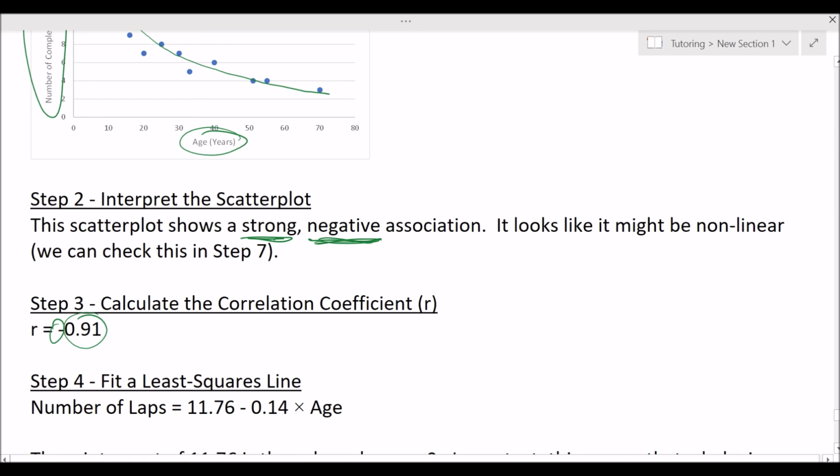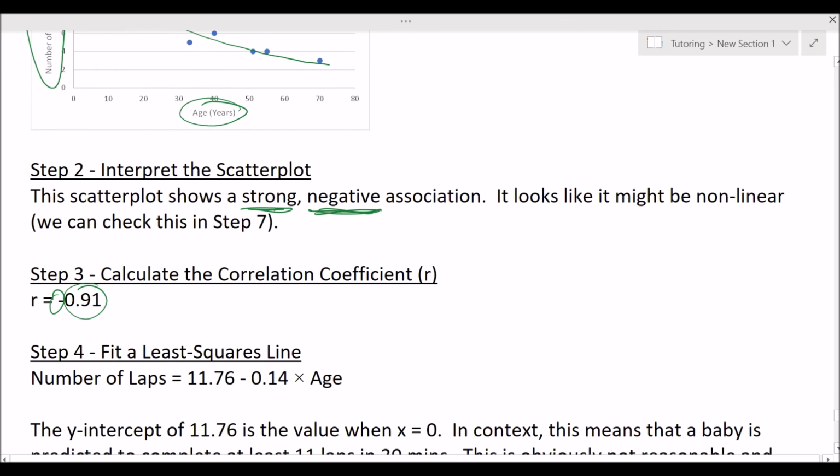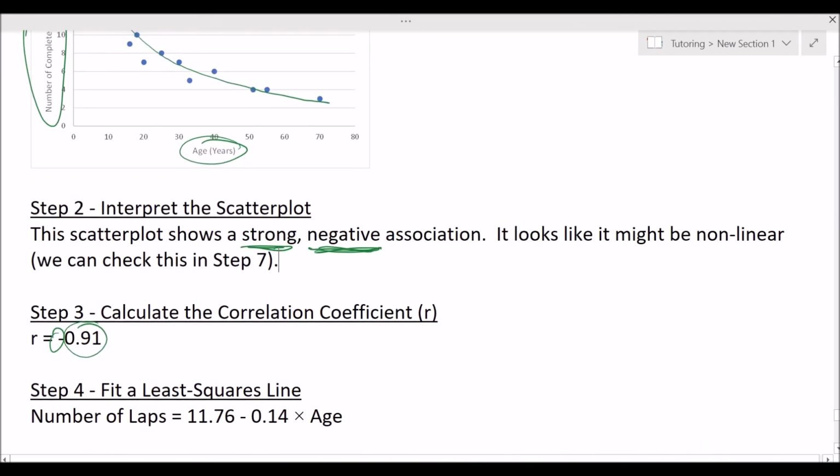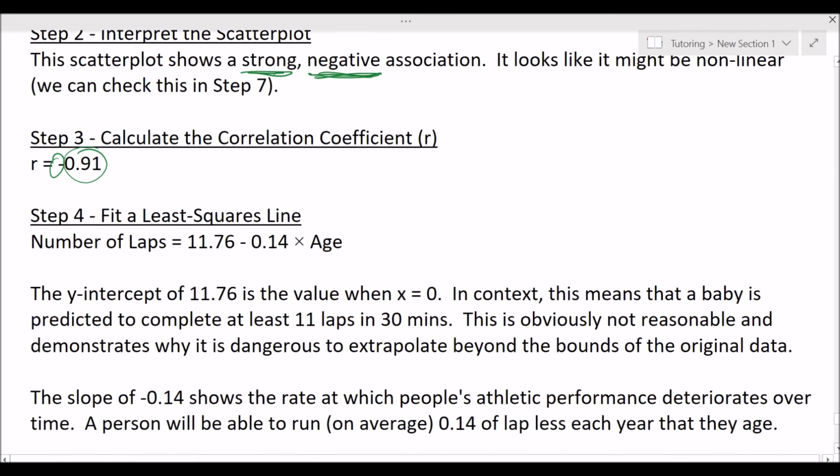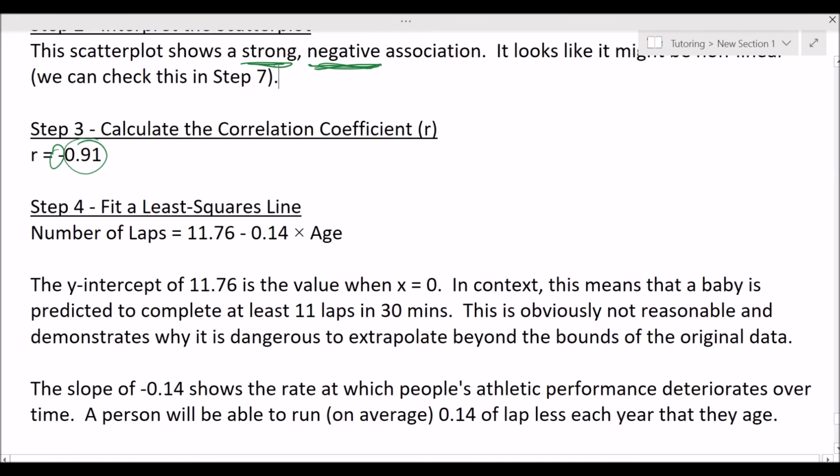What I would like you to do now is to interpret the y-intercept and the slope in the context of this data. Okay, pause the video, do that now. All right, here's my answer. The y-intercept is 11.76. It's the value when x is 0. In this context, it would mean that a baby, being 0 years old, is predicted to complete at least 11 laps in 30 minutes.